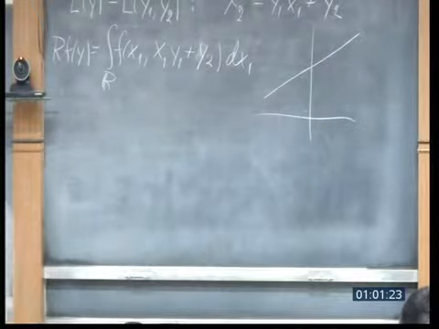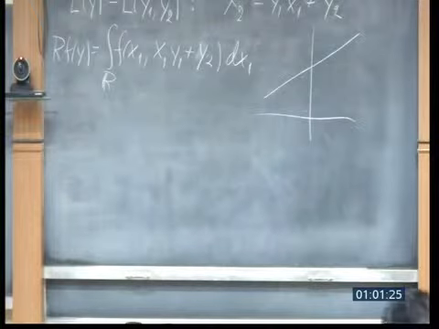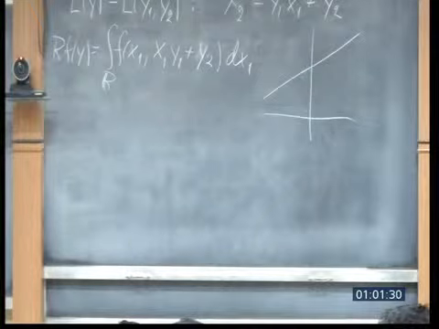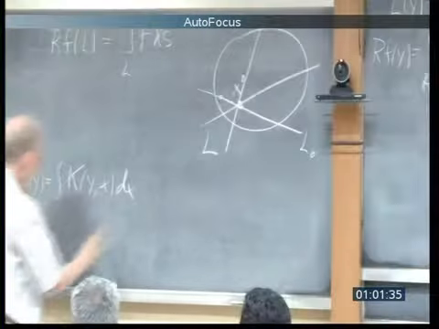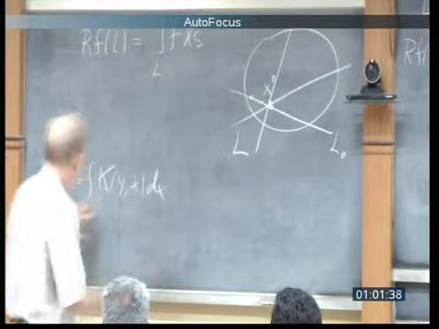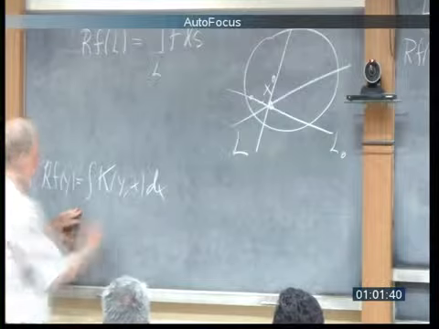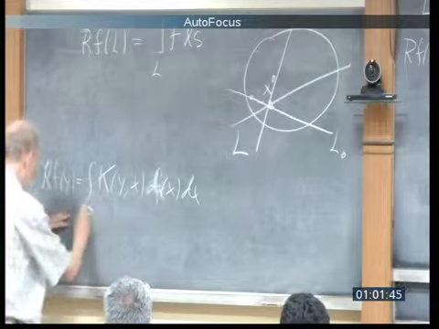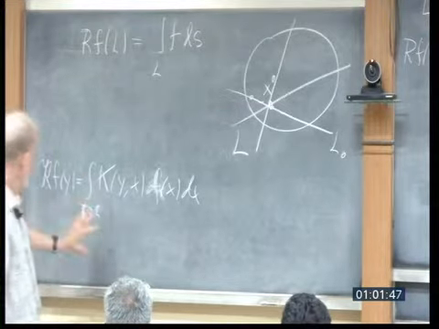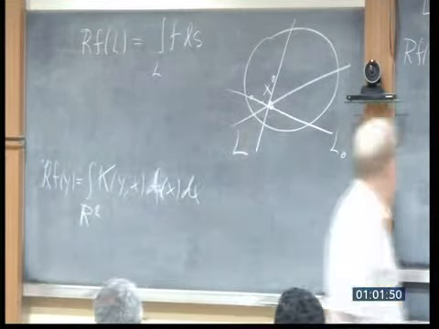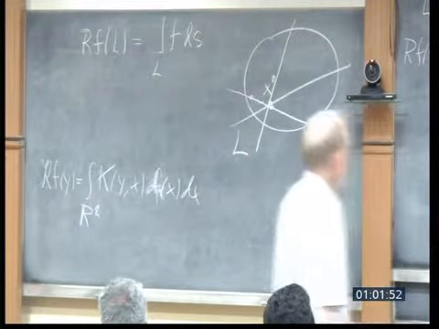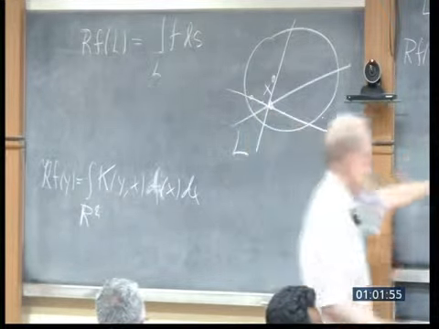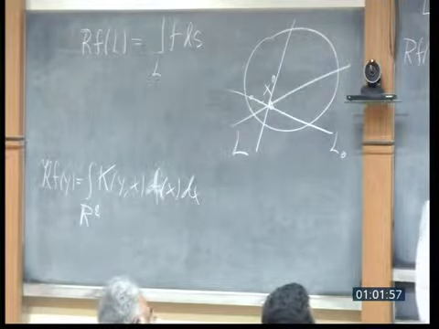Well, it's K(x,y), such that Rf(y) is the integral of K(x,y) f(x) dx. That is easy. It will be a measure on a hypersurface in the four-dimensional product space.